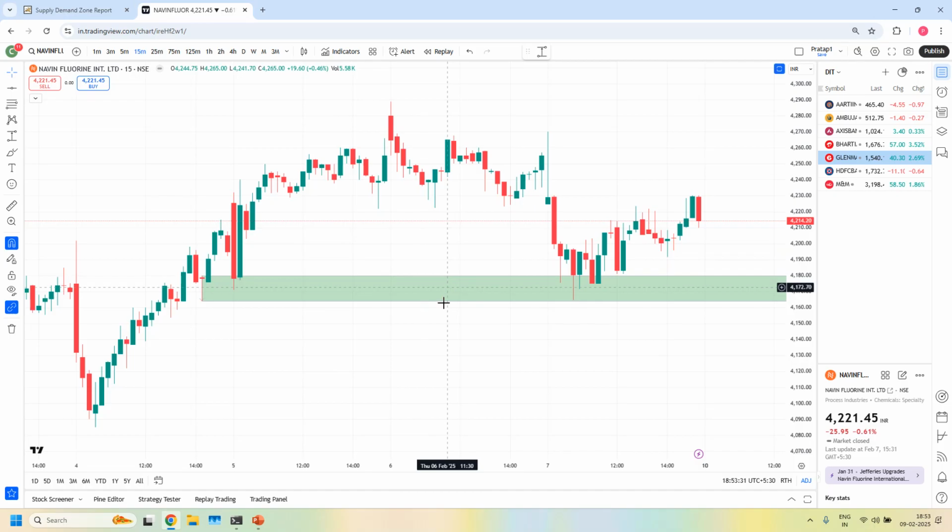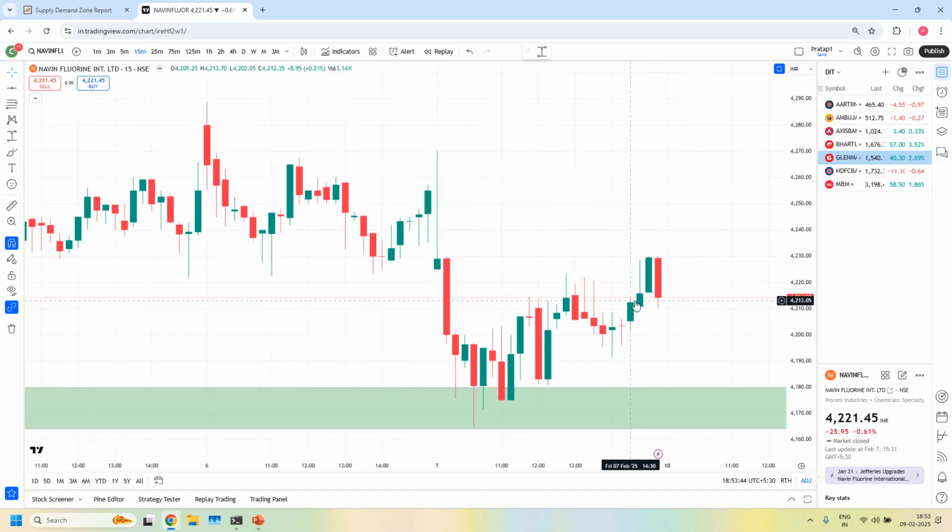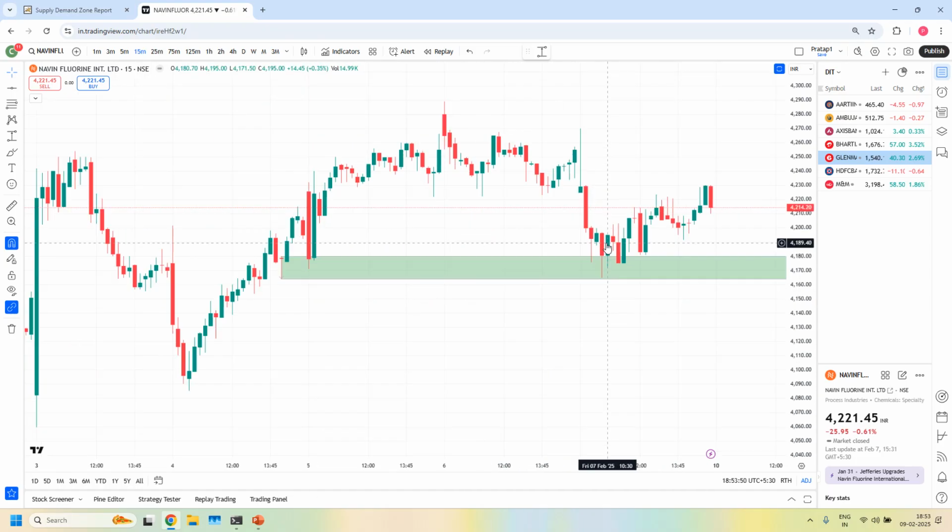Six times it is tested. First time, second time, third time, fourth time, fifth time, sixth time. Okay, fine, several times it is tested. Last time prices came very close to the line, but if it creates any fine-tuned zone, again we get another trade opportunity. That we will see later.